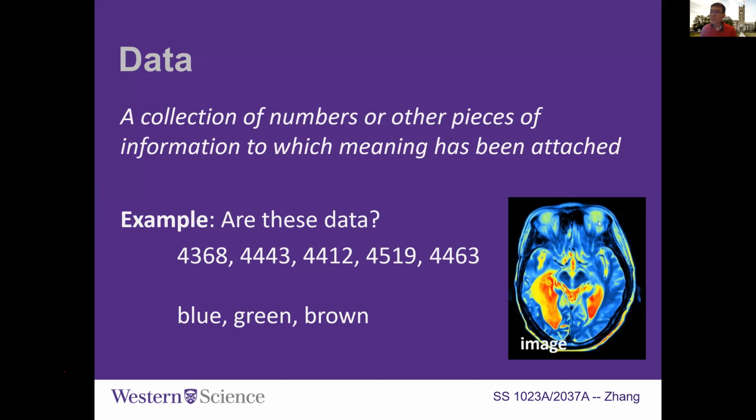It tells us, for example, what the functioning of the brain is, or whether there is any disease or cancer being spotted in the brain. So this image does contain information, so we can regard it as data.